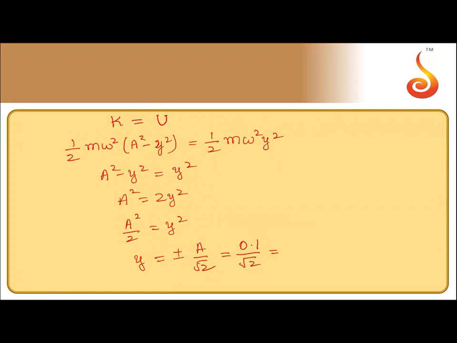So we can multiply and divide by root 2, then it will be 0.1 root 2 divided by 2. So 0.1 by 2 is 0.05 into root 2 meters. So that will be option C.